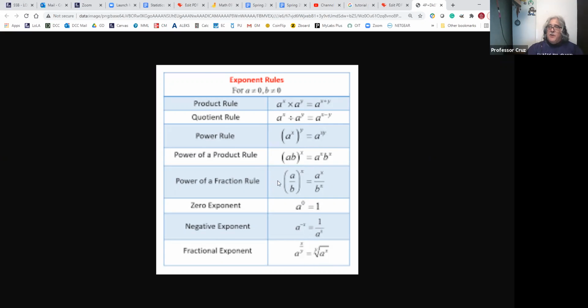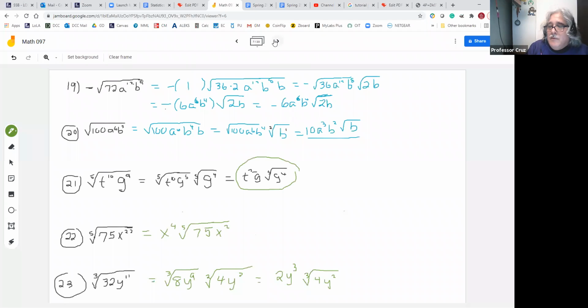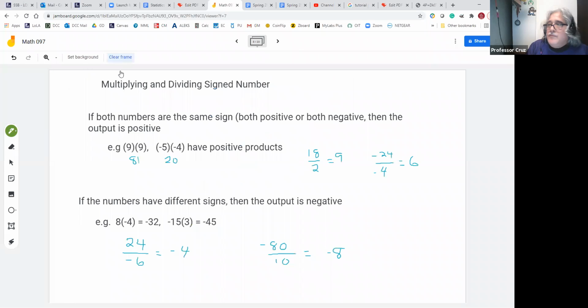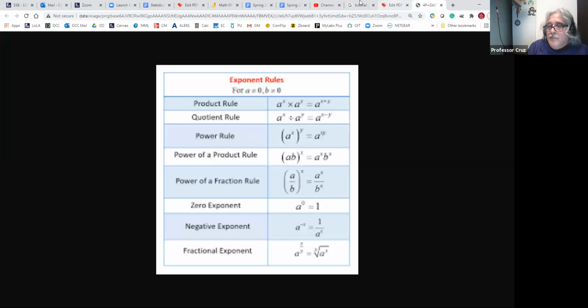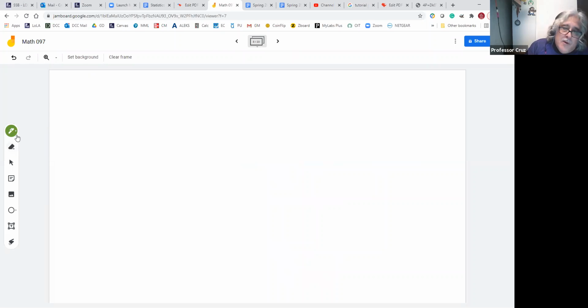It's fractional exponent. I'm probably going to have to write it over here because it doesn't enlarge well over there. So if it weren't enough to have exponents and then also fractions, now we're going to put the two together.